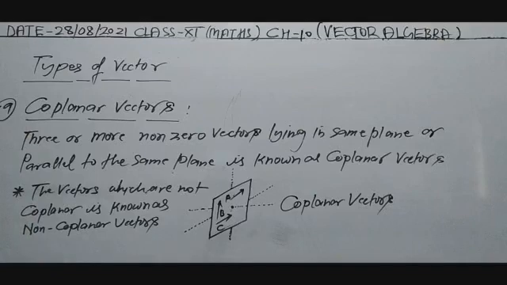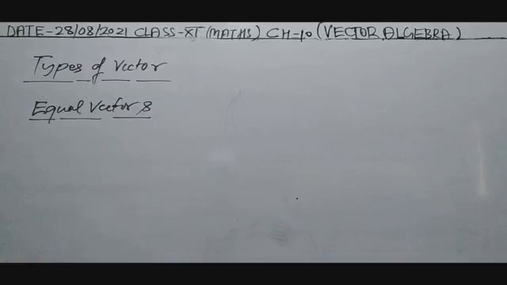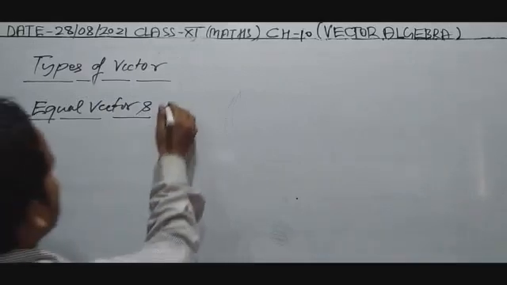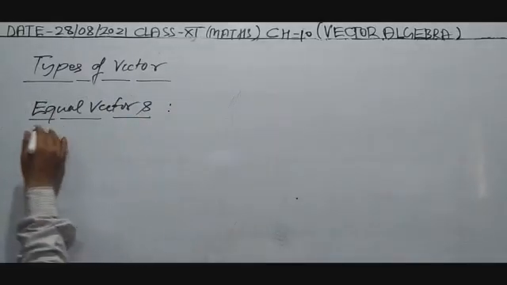Now come to the next definition. The next definition is equal vectors. What is equal vectors?